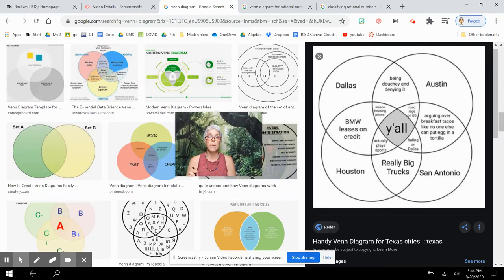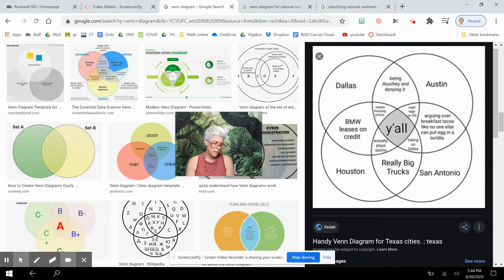Take a peek at this Venn diagram and think, what do all the cities have in common? Did you figure it out? That's right, they all say y'all. Now, really big trucks are a characteristic of Houston and San Antonio, but not of Austin and Dallas. I don't know where they get that idea, but apparently that's just how it is, according to this Venn diagram.